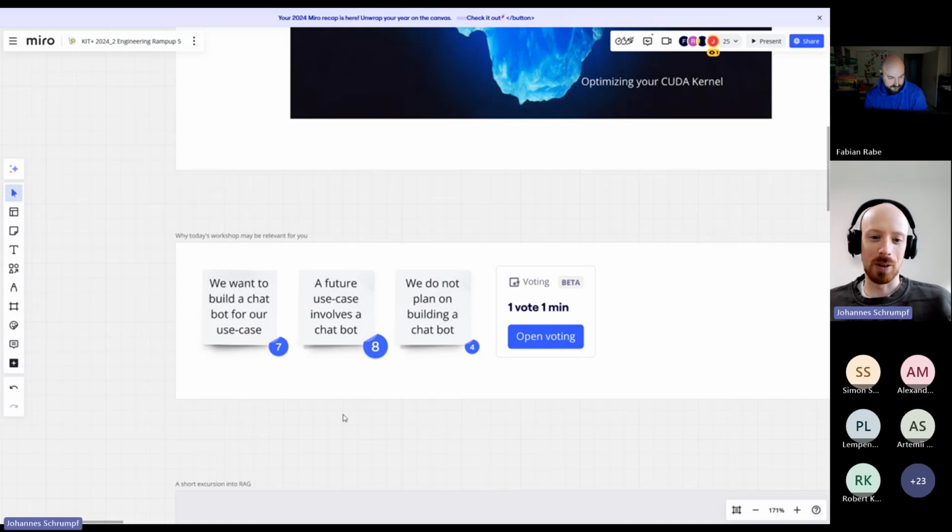And only 4 of those who voted said they didn't want to build a chatbot and do not plan on building one in the future. For those of you who said they want to engage in some kind of chatbot, today's session might be of higher relevance, because it's all about building something with a large language model.